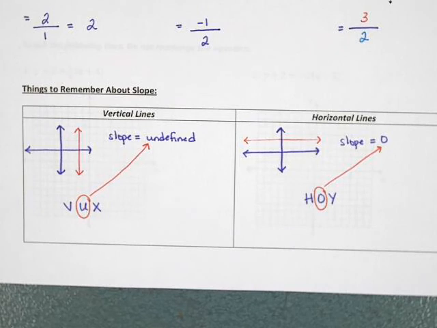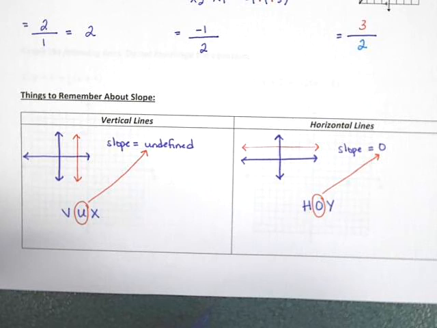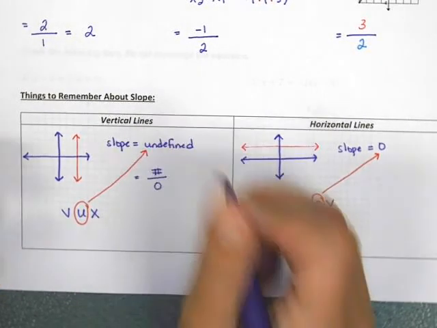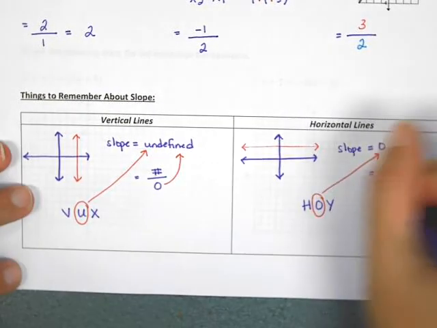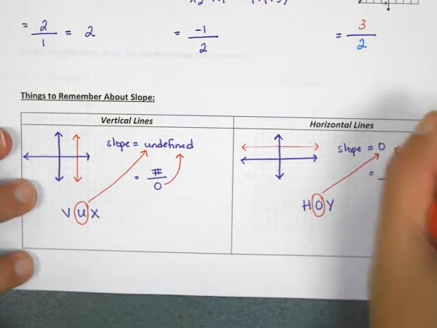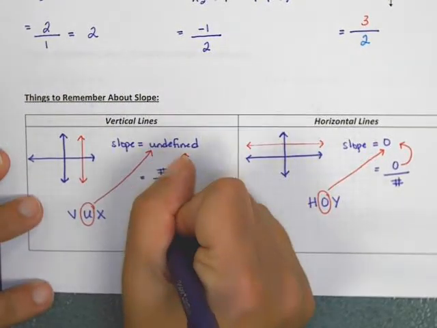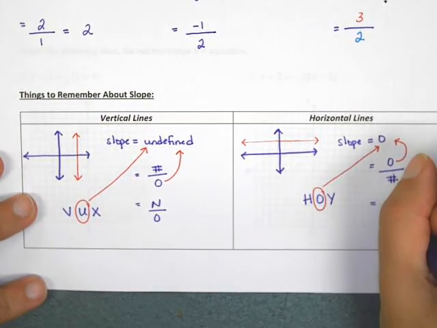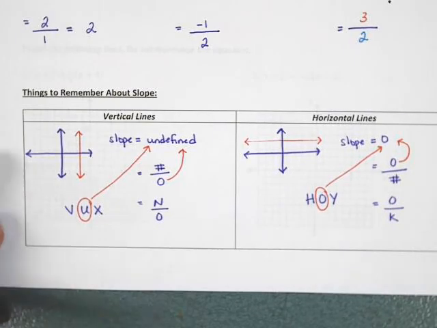If you were doing algebra and you were calculating things with numbers, if you end up with a number over 0, that means that it's undefined. Whereas if you end up with 0 over a number, that means that it's 0. So the way that I remember that is that a 0 on the bottom is no, it's not okay, so the answer is undefined, and a 0 on the top is okay, so the answer is just 0.